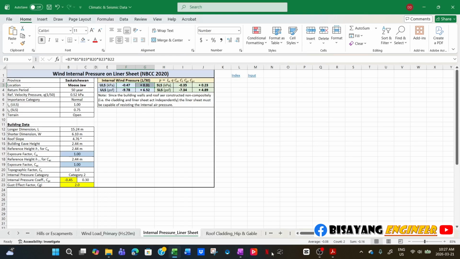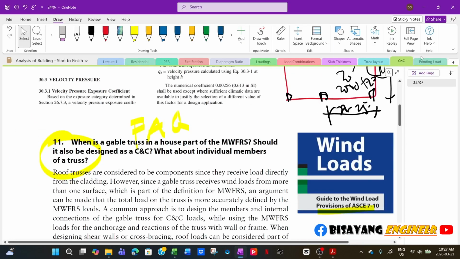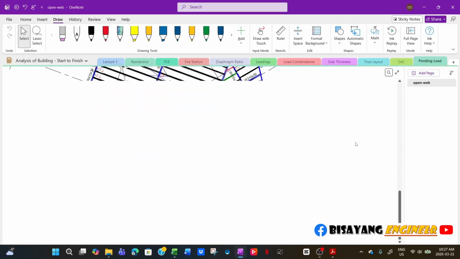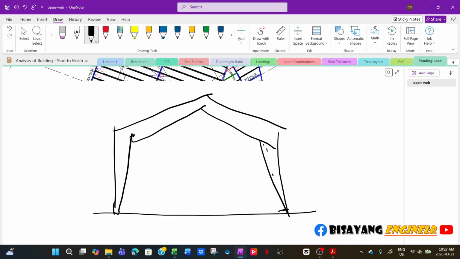So the next sample is, basically, the negative internal pressure. What it means is, in a pre-engineered building like this one, you have purlins here, right?